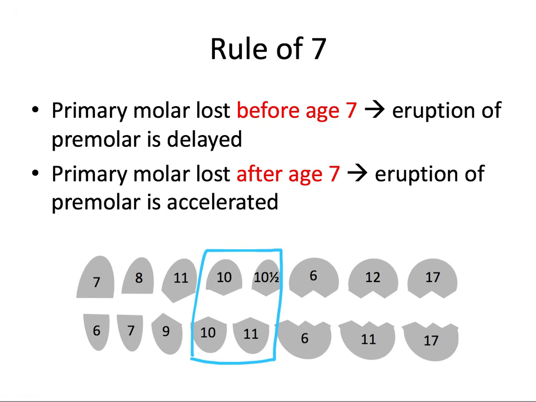So it's actually going to delay the eruption of the premolar because we have to wait for it to eat through all of that extra bone in order to erupt into the mouth. But if the primary molar is extracted after age 7, the eruption of the premolar can be accelerated. And this is part of the theory behind serial extraction, which we'll discuss in our orthodontics series.